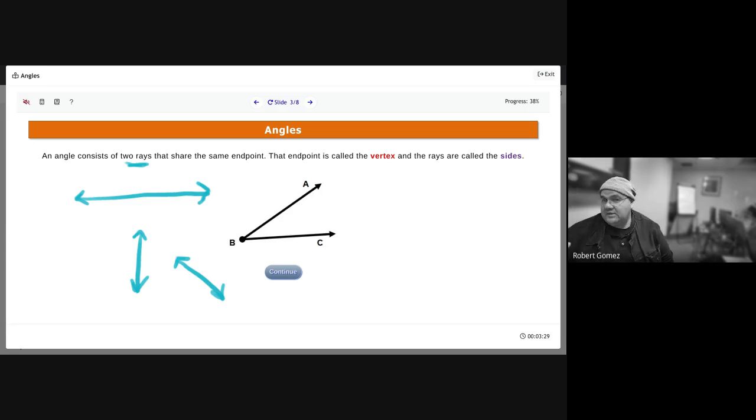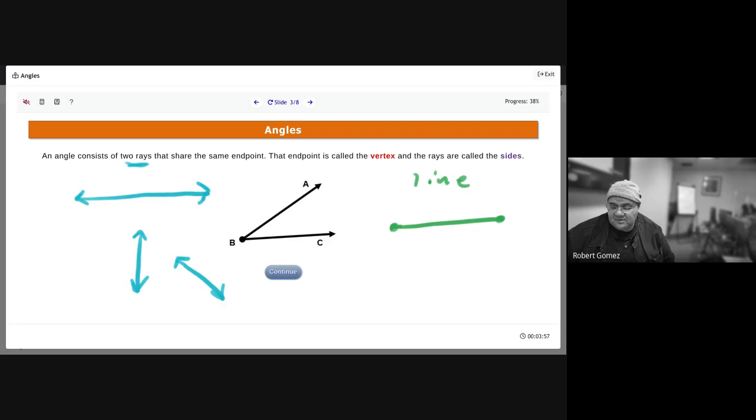Now, a line is different. A line has endpoints, like it does end. So a line is usually a figure like this, that has a beginning, an endpoint on both ends.